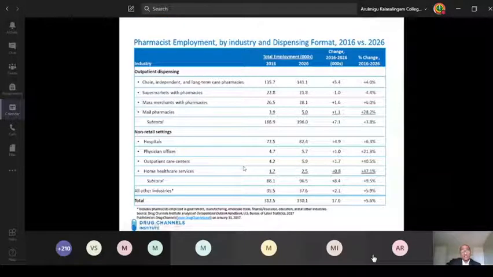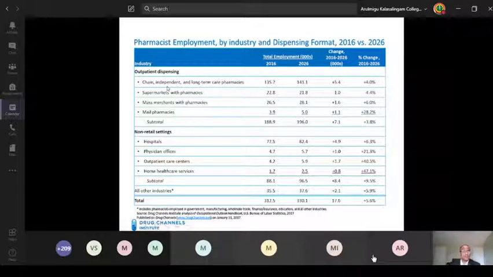In the next slide, I am going to talk about the career prospects in the USA, with predictions from 2016 versus 2026. Typically, you can see retail pharmacy and chain pharmacies. What are chain pharmacies? Like CVS, Walgreens, Rite Aid, all these are called chain pharmacies.